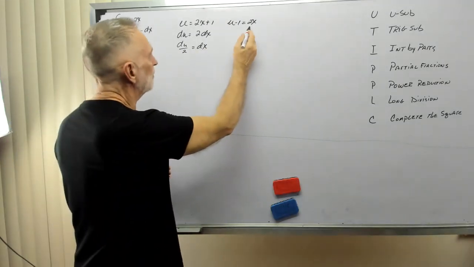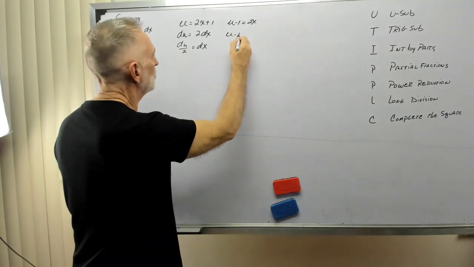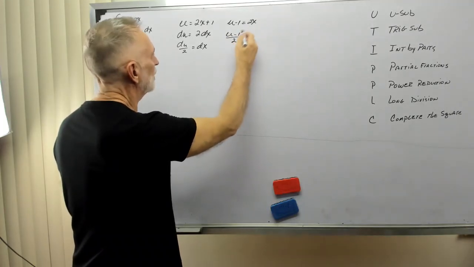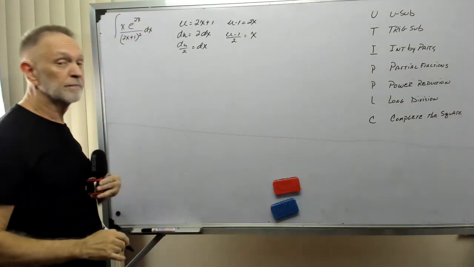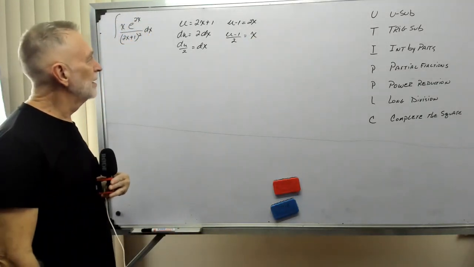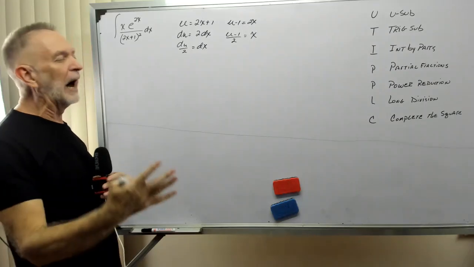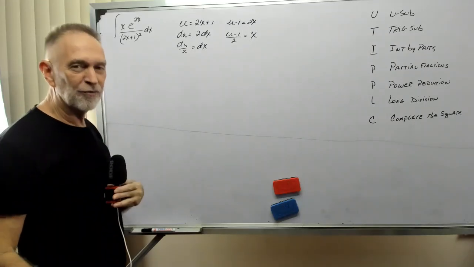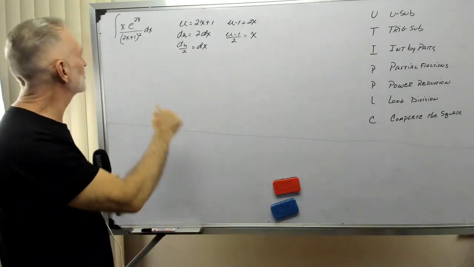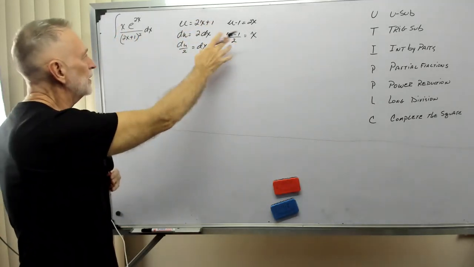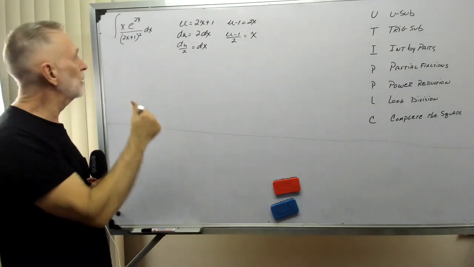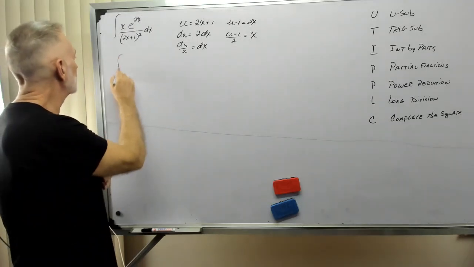So if I divide both sides by 2, (u minus 1) divided by 2 equals x. Now you may think, wow, your hair may be catching on fire by now. Hey, just relax. Let's replace x with all of these values of u that we have and see what happens.